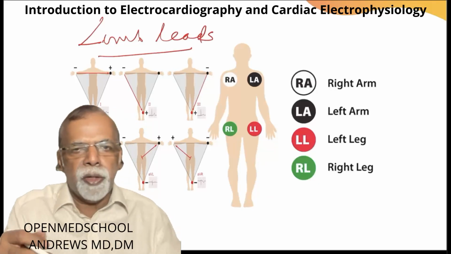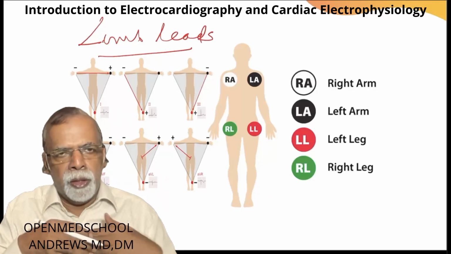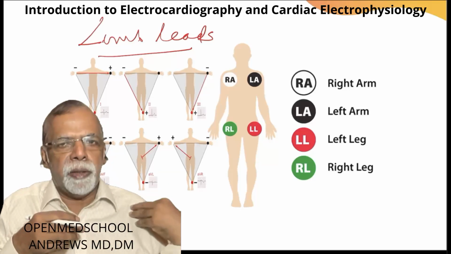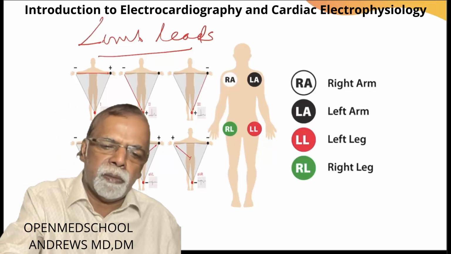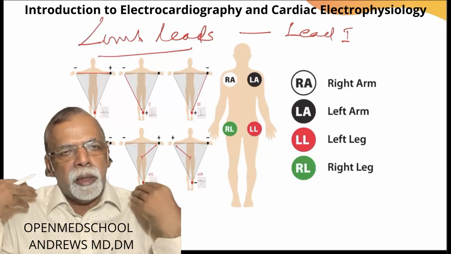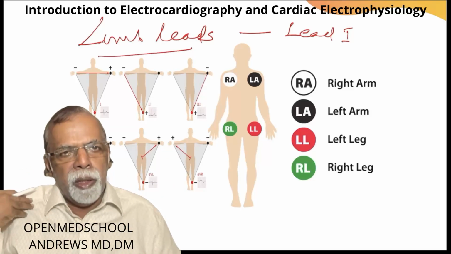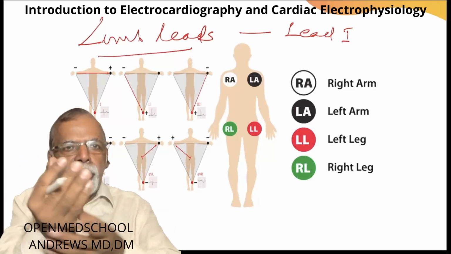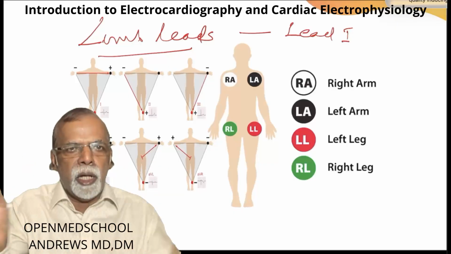The limb leads are recording from the frontal plane. So the potential difference between the right arm and the left arm is called lead 1. So when you are connecting the right upper limb with left upper limb, either in the shoulder, but routinely we are keeping it on the arms.